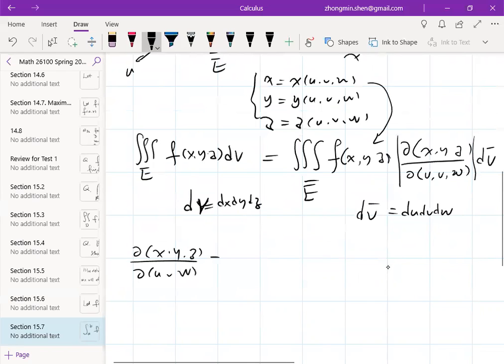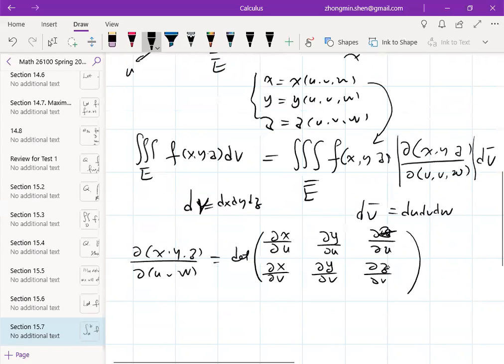Taking x, y, z each differentiated with respect to u, then with respect to v, it doesn't matter which is first, and then x with respect to w, y with respect to w, and z with respect to w.